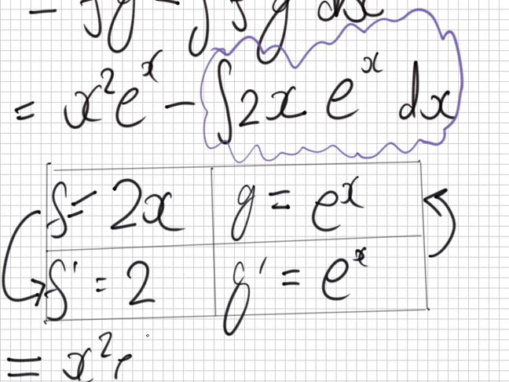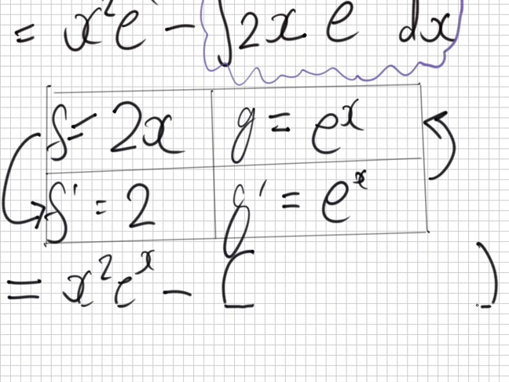Now just be careful, when we use our rule, it's only on this blue piece. x squared e^x minus, big brackets, and now we use the rule. So the rule is FG minus the integral of F derivative G dx.